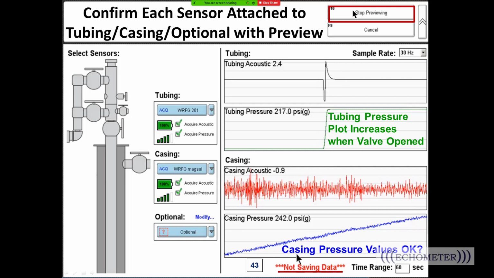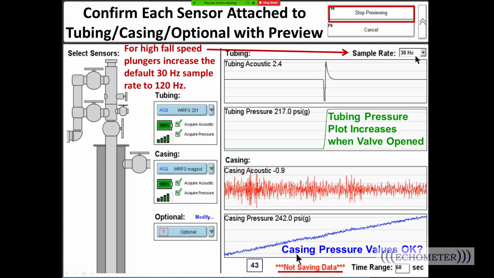We stop previewing, but before we stop, we want to make sure we set the sample speed correctly. The sample speed is typically 30 samples per second for a padded plunger, because they typically fall slow and they seal well. Then probably 60 samples per second for a solid plunger.